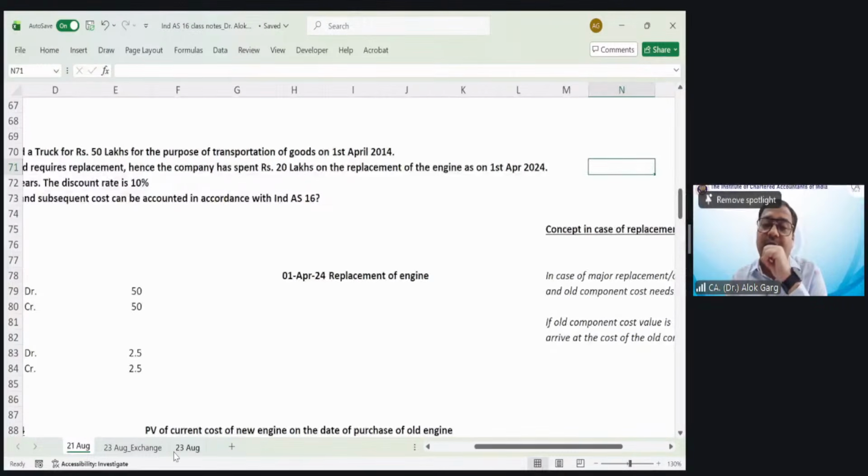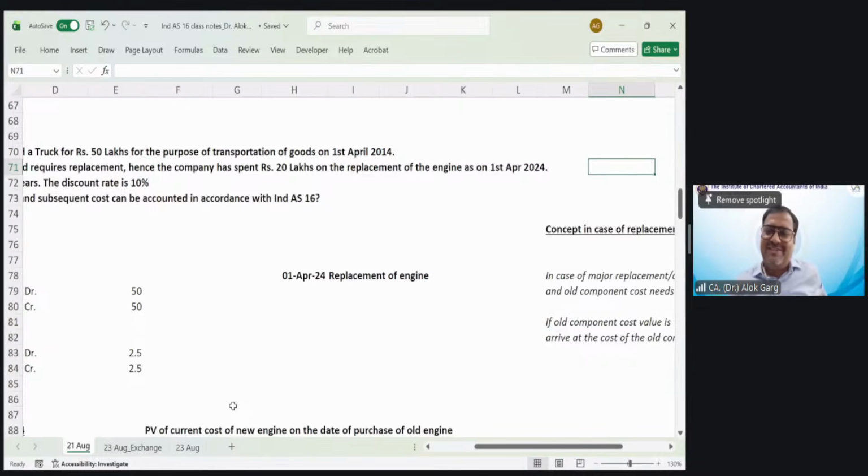What will be the carrying amount of the truck after 10 years in the balance sheet? I need an answer from everyone. You're absolutely right. So 50% of the life has gone, 50% depreciation has gone, means 25 lakh is the carrying amount of the truck.